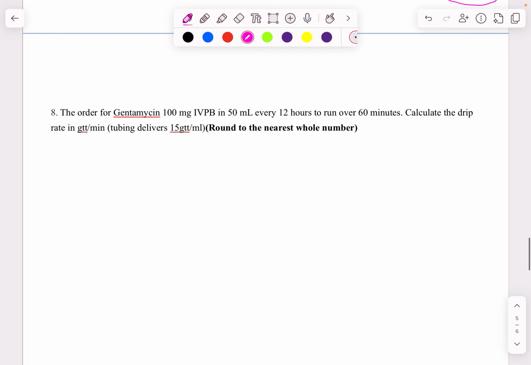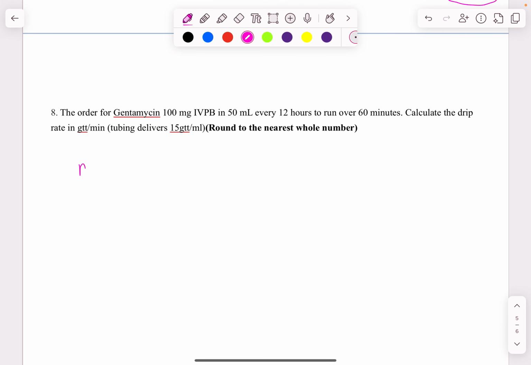Okay, problem 8. The order for Gent 100 milligrams IV piggyback and 50 mLs every 12 hours to run over 60 minutes. Calculate the drip rate in drops per minute. The tubing delivers 15 drops per ml. Round to the nearest whole number.